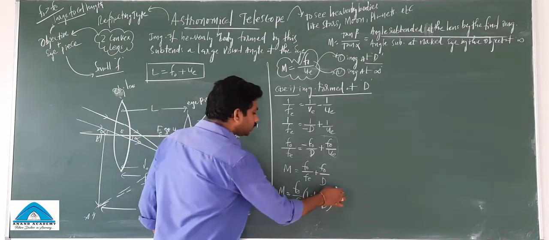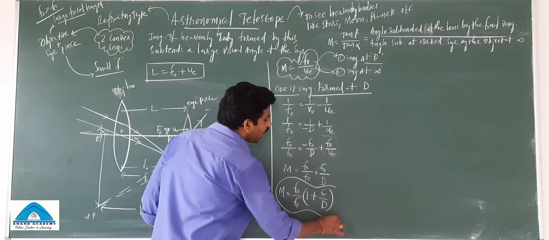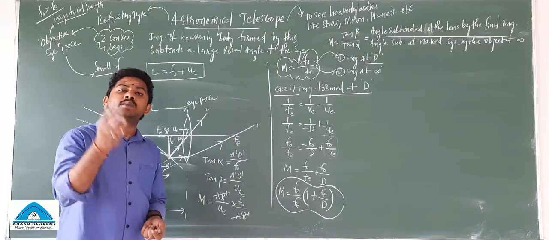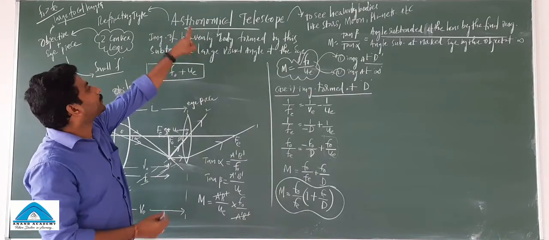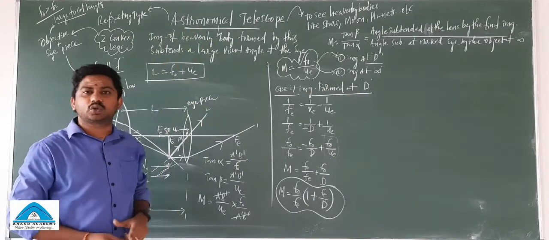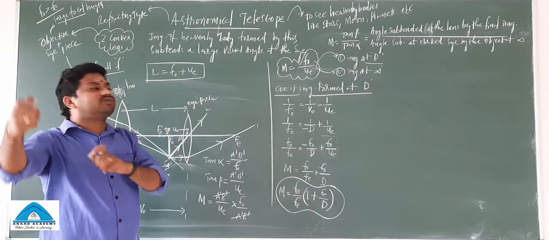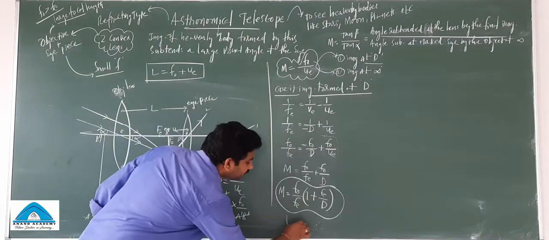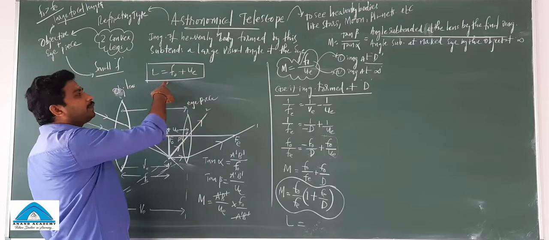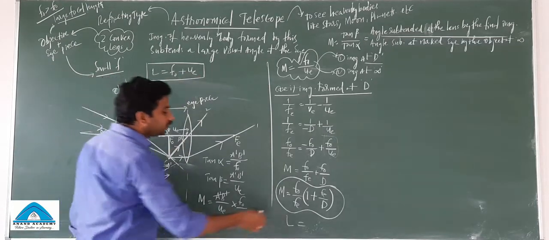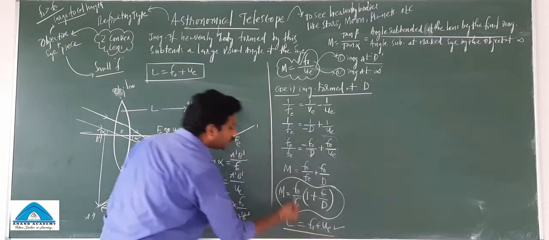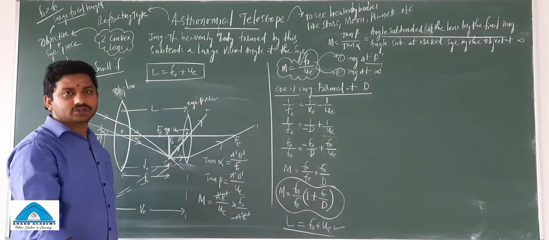You just multiply inside and you will get the same value. So this is the magnification, or angular magnification, or magnifying power of an astronomical telescope when the image is formed at D. In this case, the length of the astronomical telescope is f naught plus ue.